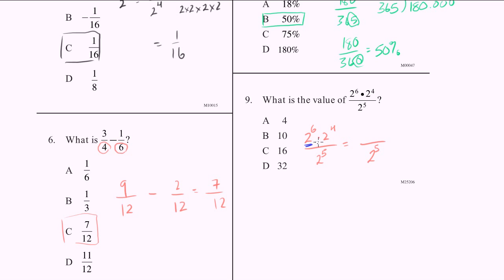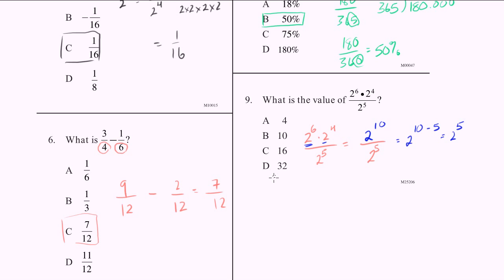The same base is 2, so this is going to be equal to 2 to the 6th plus 4, or 2 to the 10th power. Now, when you divide exponents that have the same base, you subtract the exponents. So this is going to be equal to 2 to the 10 minus 5 power, which is equal to 2 to the 5th. And that's our answer.